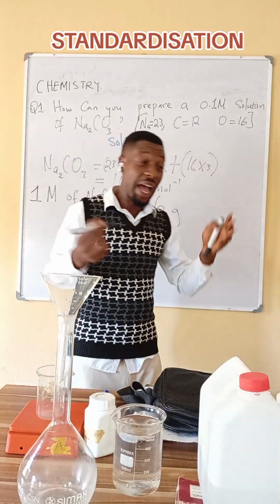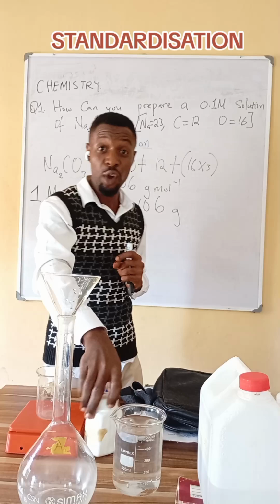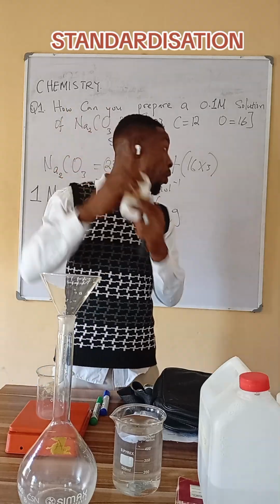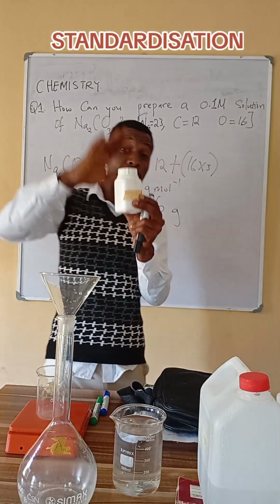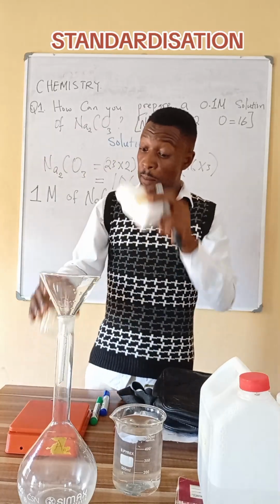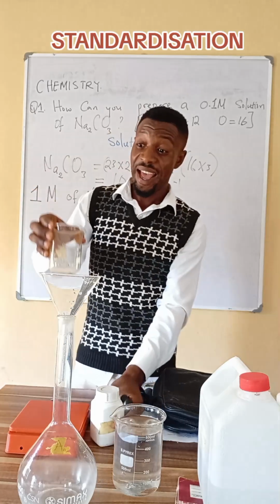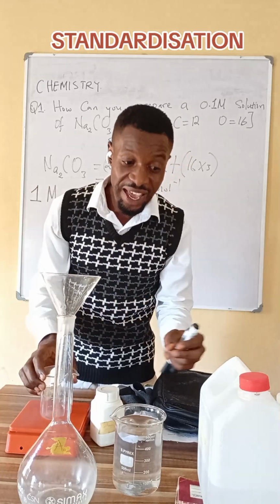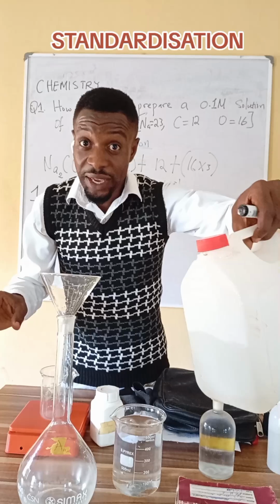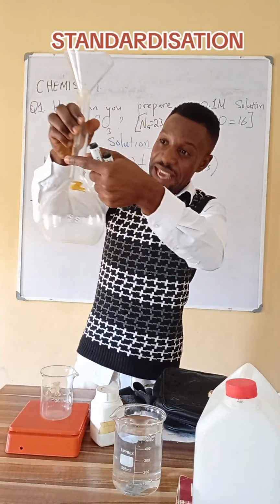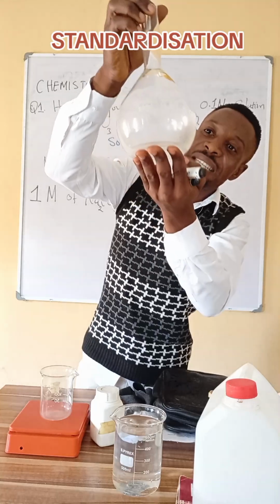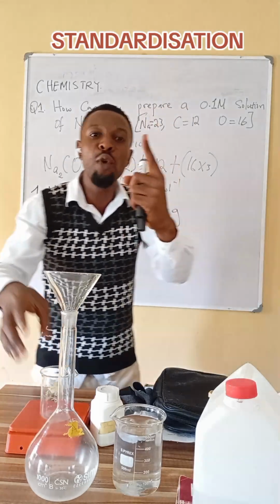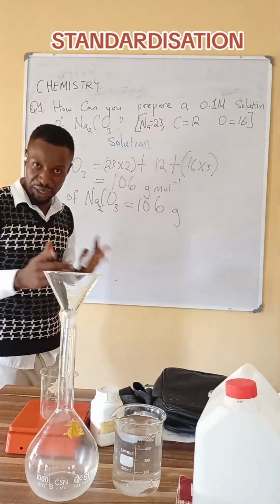This means that in the lab, if you weigh 106 grams of this sodium carbonate and put it inside this beaker and add water, dissolve it, and transfer it into this volumetric flask, and add distilled water or deionized water up to the mark here, because this is about 1000 centimeter cube, which is equivalent to 1 dm cube, then you are going to obtain a 1 molar standard solution of sodium carbonate.